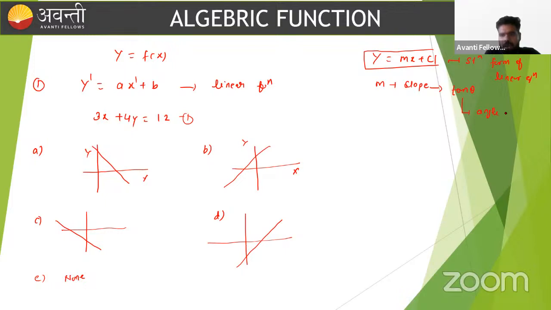the angle made by the line from the positive x-axis in the anti-clockwise sense. So what is theta here? Theta is the angle made by the line in the anti-clockwise sense from the positive x direction.